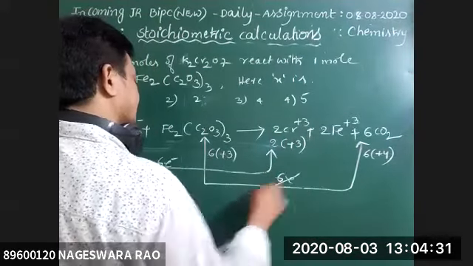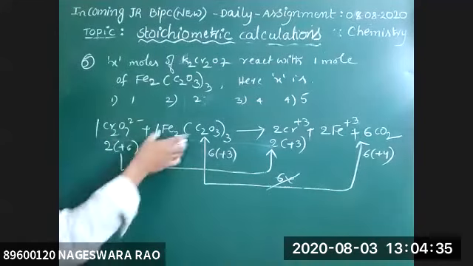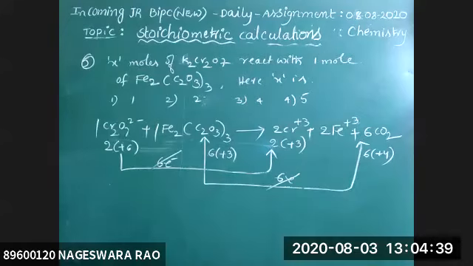So 6 and 6, 1 and 1, so 1 mole reacts with 1 mole. 1 mole of ferric oxalate reacts with 1 mole of K2Cr2O7. So X is 1 mole. Next, question number 6.